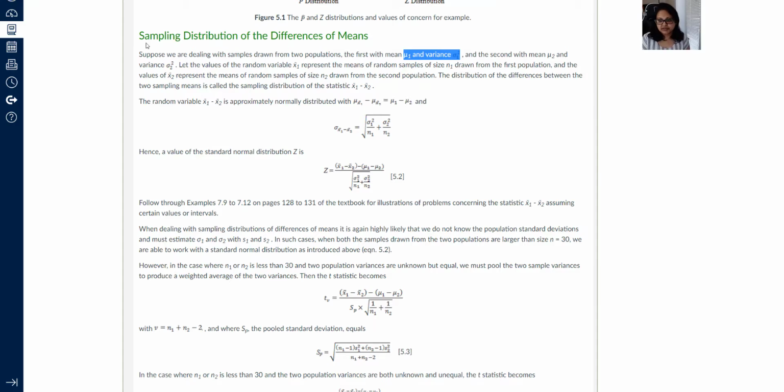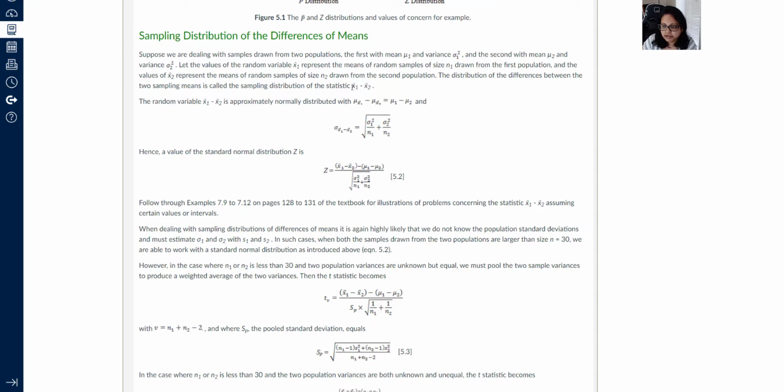Since this is the sampling distribution, we need to know the sample values. Let's say we have sample sizes n1, maybe 10 or 15, and the sample mean, x1 bar. You have to give it a notation, since we have two populations, so we define the mean of the sample from the first population, and then the sample mean from the second population. That's why we need the difference.